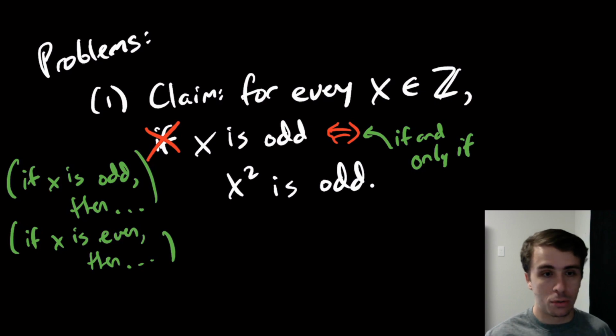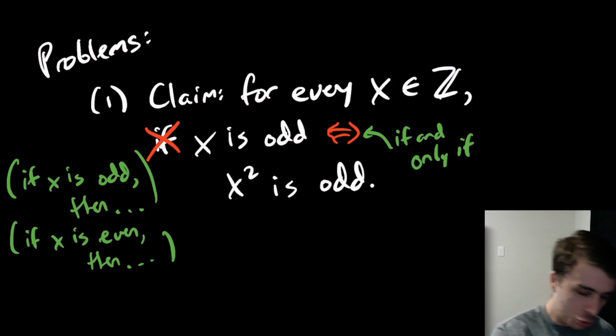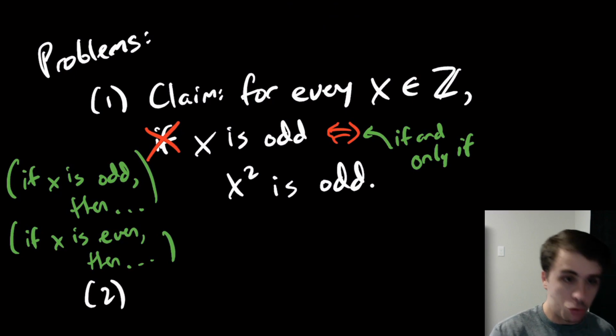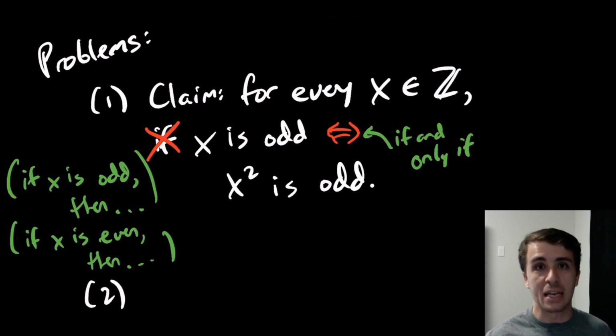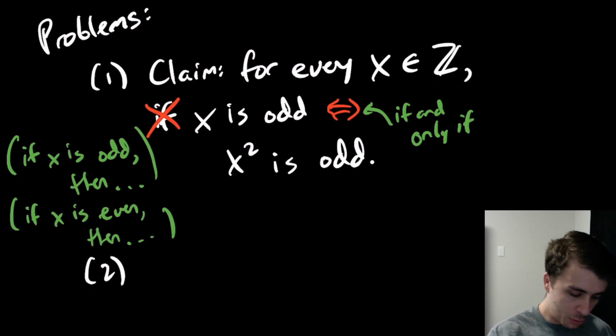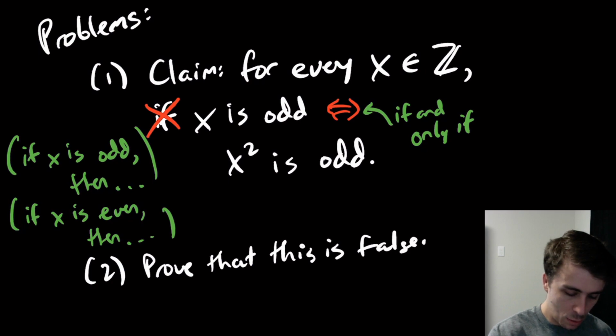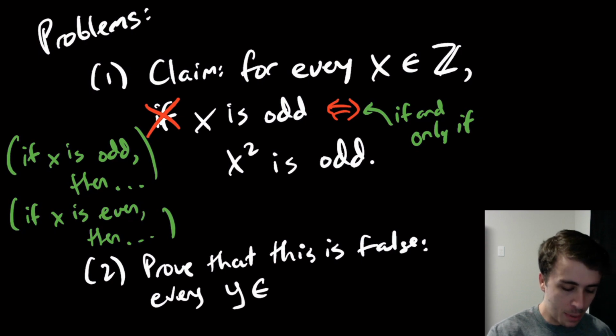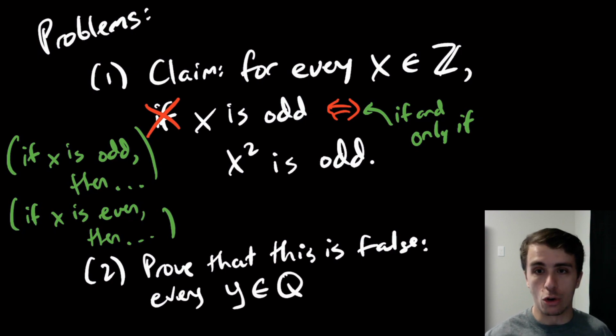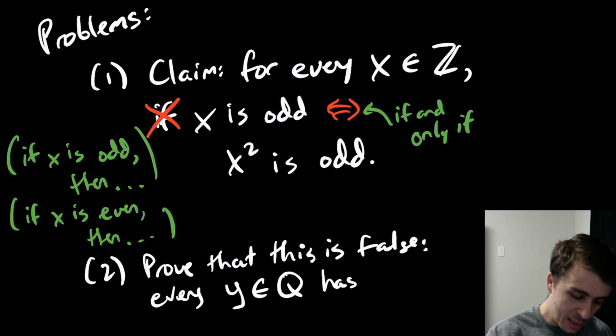Okay, so another one that you may want to try is to show that some statement is actually false. So here's one. Prove that this is false: every rational number, so every number y in Q, has what is called a multiplicative inverse.